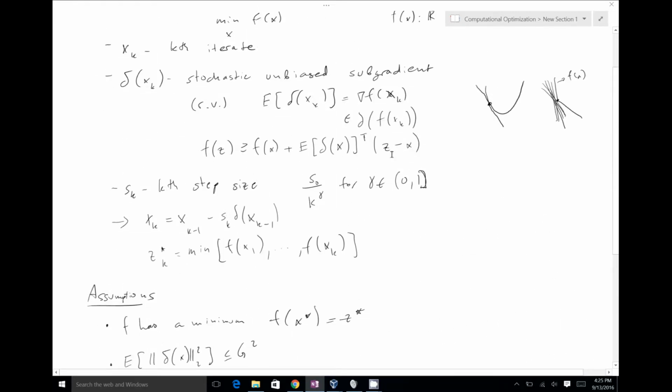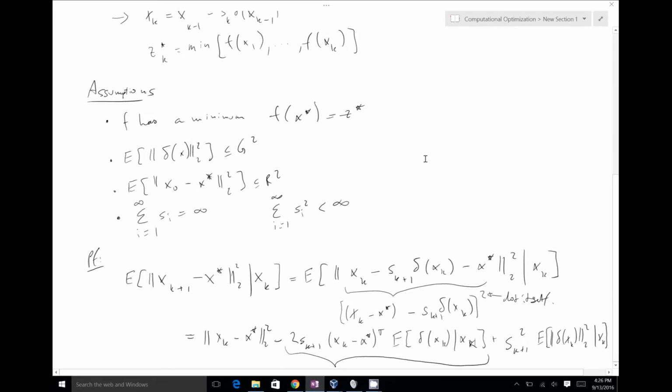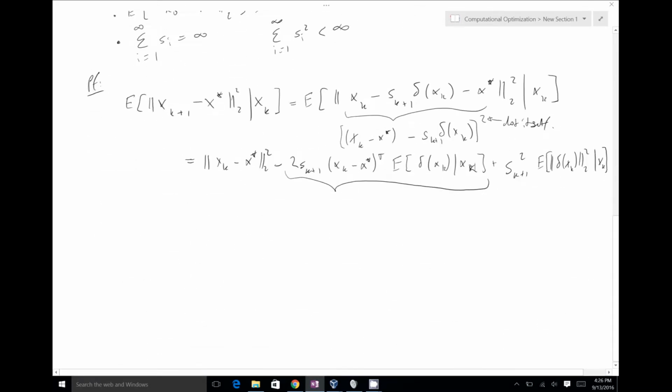How about this? How about the definition of stochastic subgradient? In particular, I'm going to write it, and then you can tell me why it's true, okay? So I'm going to say this is less than or equal to norm xk minus x star, and then over here I'm going to have minus 2 sk plus 1, so same constant out there.